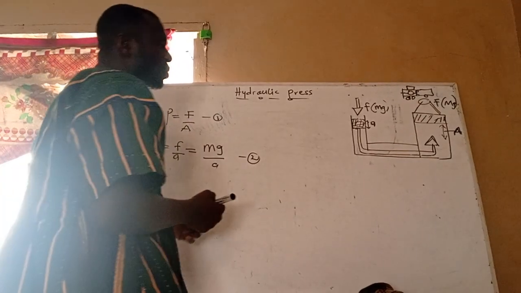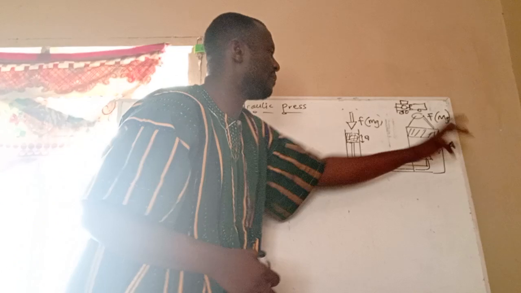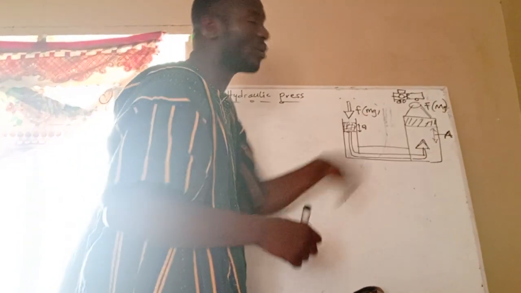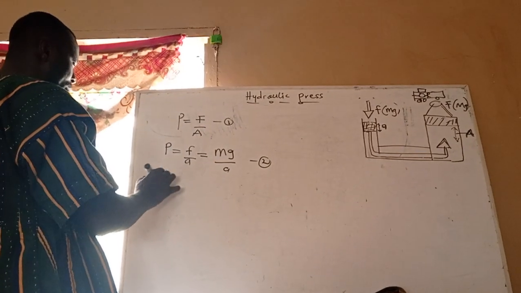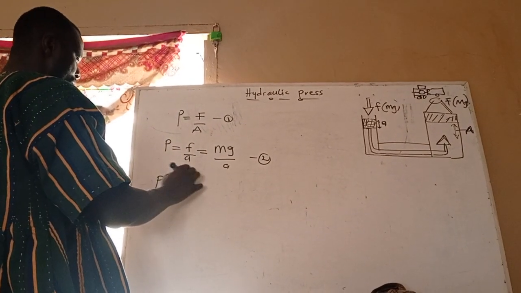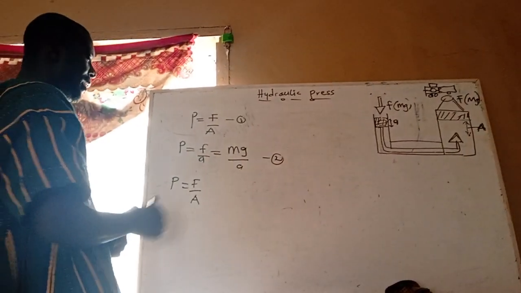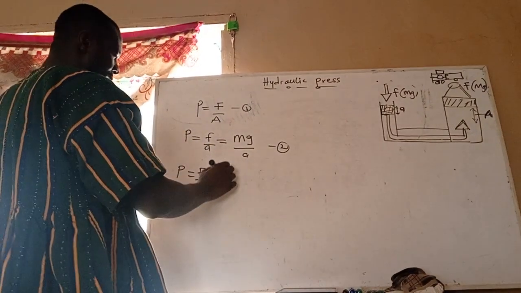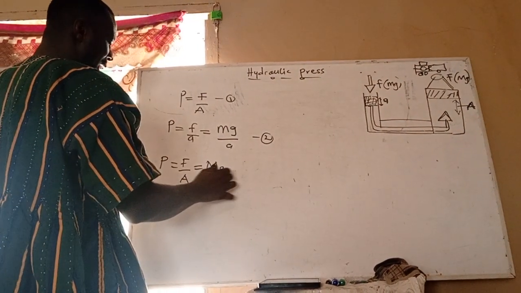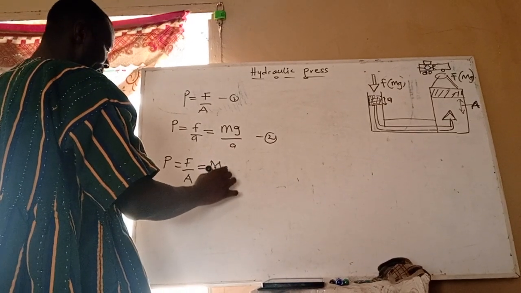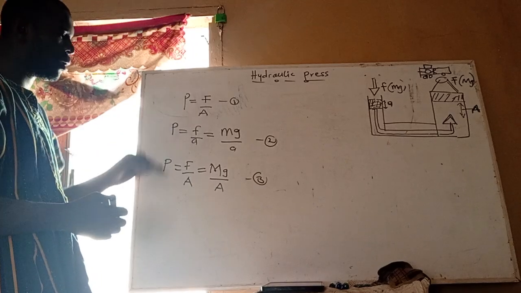Within the pistons there is also some distance, which is an area, represented by capital A, and the force exerted is capital F. So the pressure will be capital F against capital A, which is also equal to capital M g against capital A. This is equation 3.